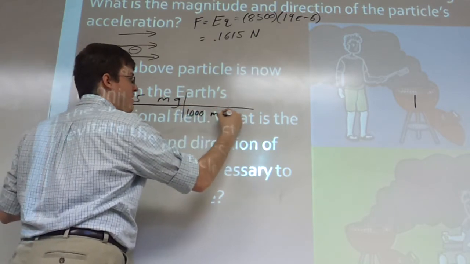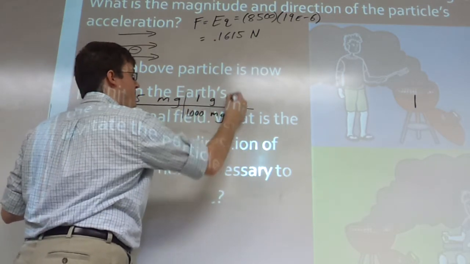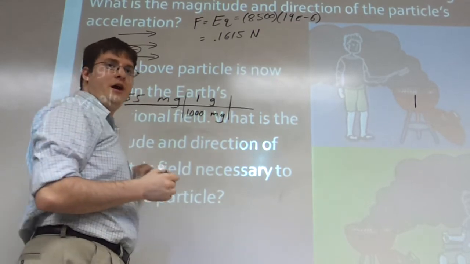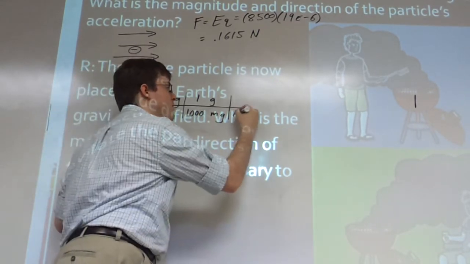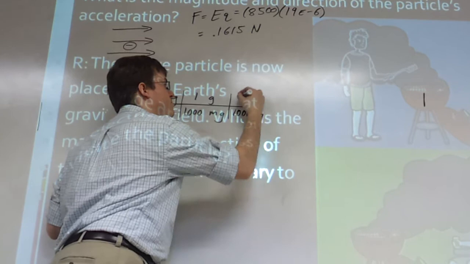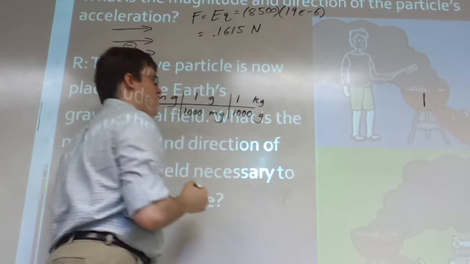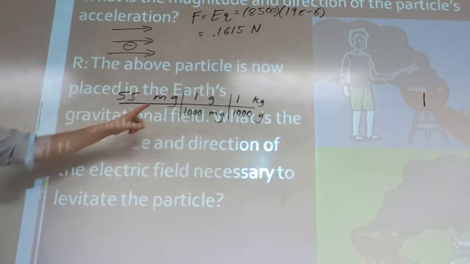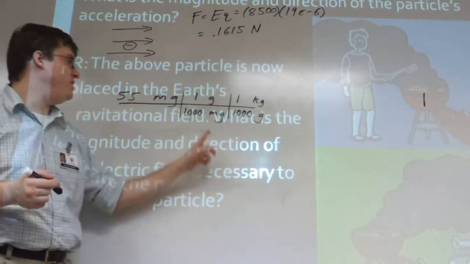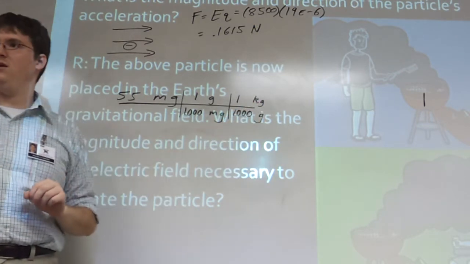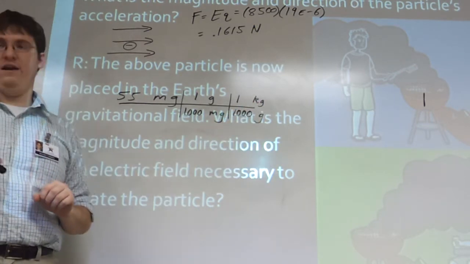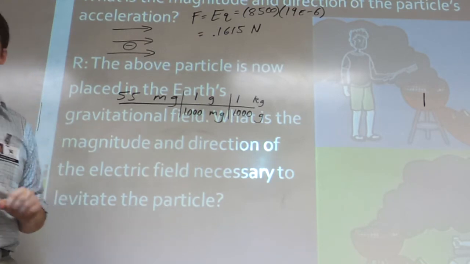How many grams per kilogram? Another 1,000. So to convert from milligrams to kilograms, we need to divide by 1,000 twice. That's 55e negative 6.